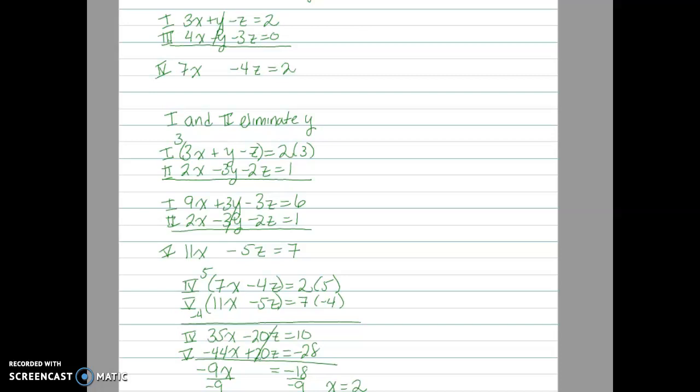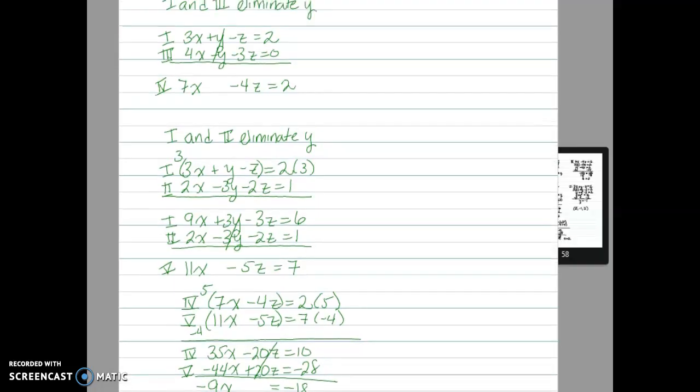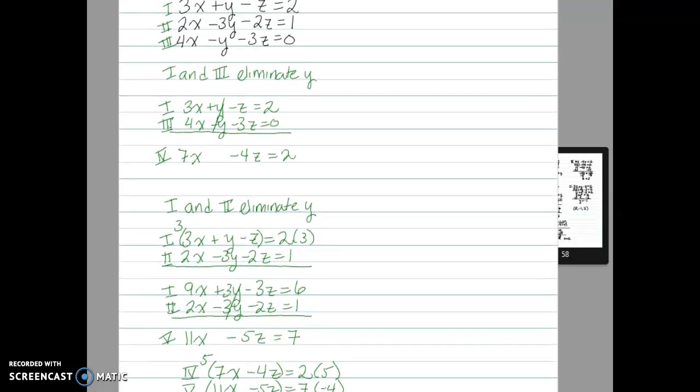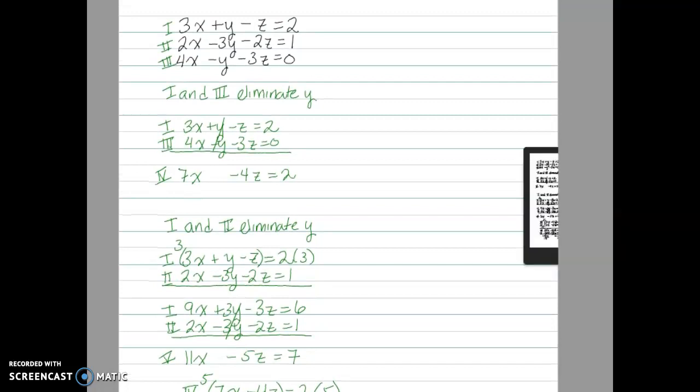Alright, so now I could use that x to go back and find the z from the system up here. So I could use either equation 4 or equation 5 to find z. I chose equation 4, just rewriting the equation.